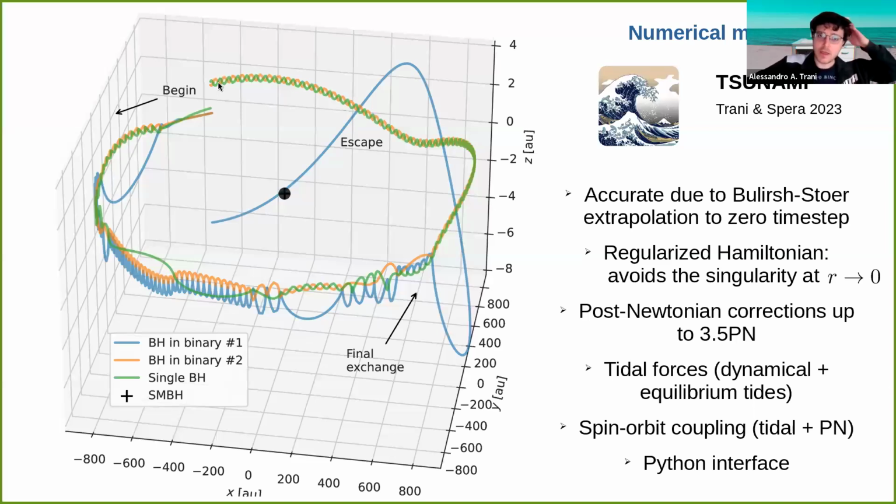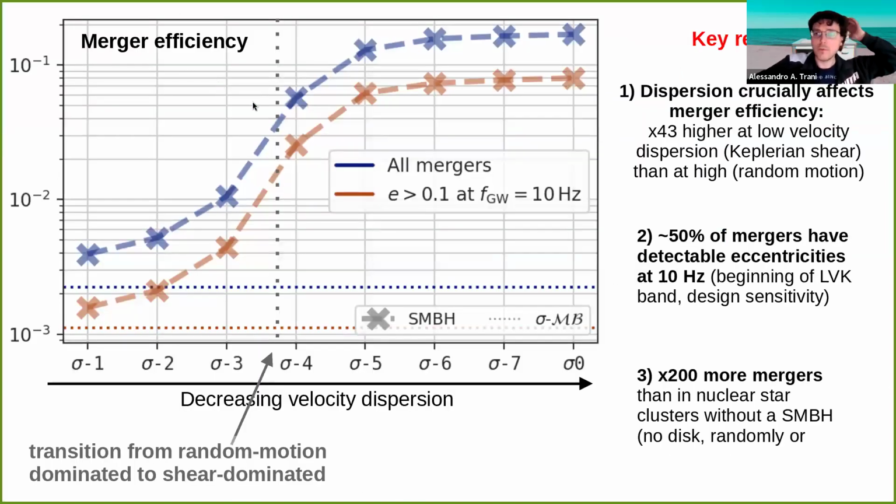Okay, and I just want to show one result. This plot shows the merger efficiency as a function of decreasing velocity dispersion. Here we have perfectly circular and aligned orbits between black holes and binaries, while here is a disk that is dynamically old, so everything is quite thick, as orbits are inclined and eccentric.